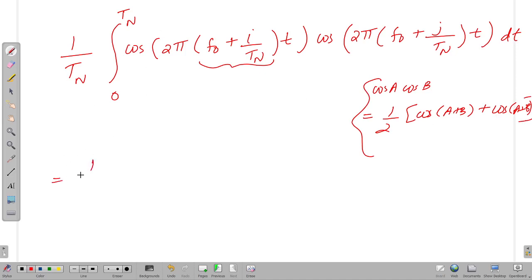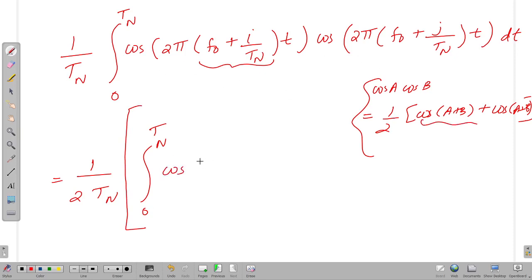So you have 1 divided by 2 Tn, integral 0 to Tn. The first term is cos(a plus b), so you will have cos of 2 pi into (2 f naught plus I plus j divided by Tn) into t.